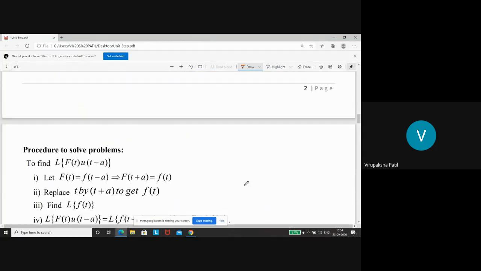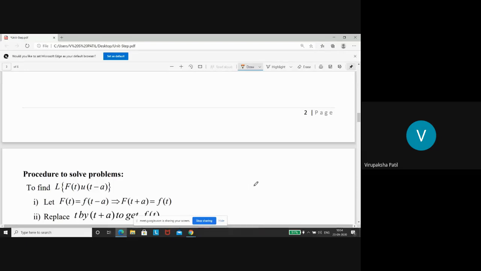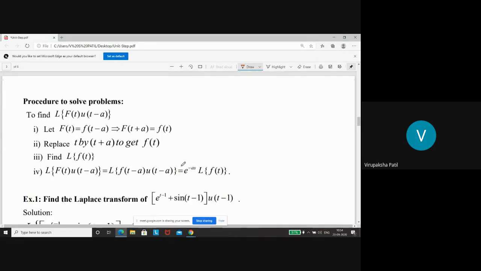Before taking the examples, let me brief you on how to convert the given examples, apply these properties and solve them. Suppose you are asked to find the Laplace transform of some f of t into u of t minus a.